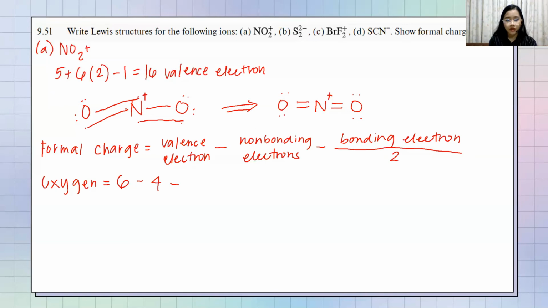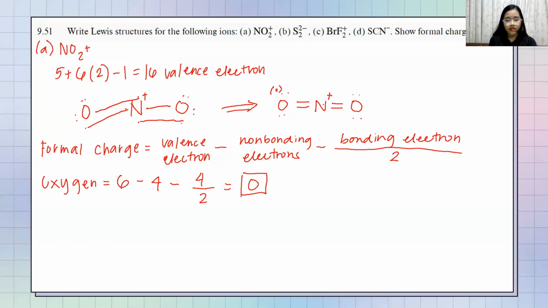So that is 1, 2, 3, 4, 4 bonding electrons over 2. So we calculate this, we get 0 charge. So we put this here.